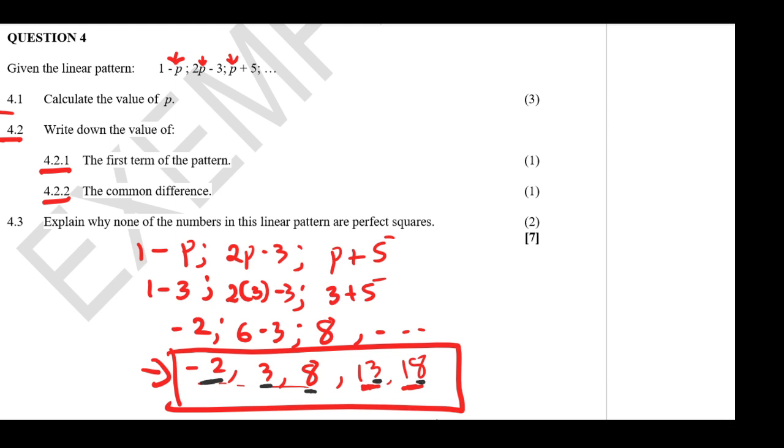You see, that's what's common here. They end with 3 or 8. And then if you had perfect squares, so here you're literally trying to convince the marker on what you are talking about, right? You'll definitely get marks up to this stage. You'll probably get a mark because this is 2 marks.